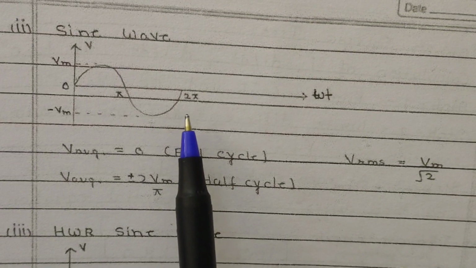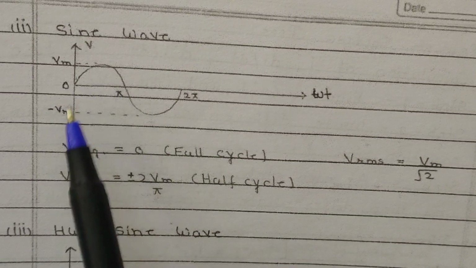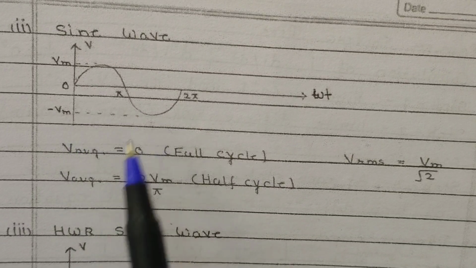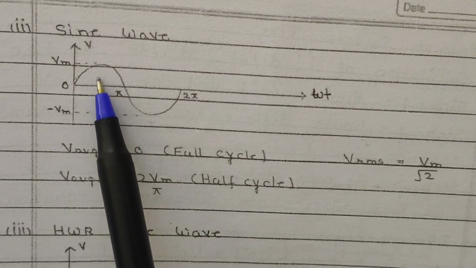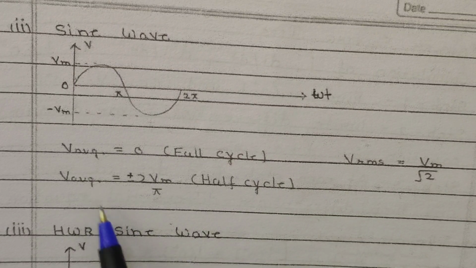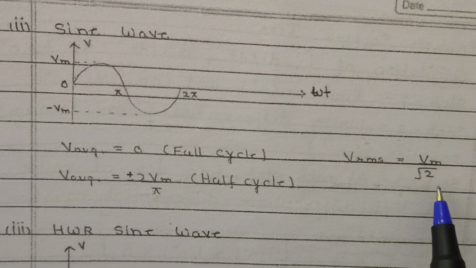This is the basic sine wave which we will use in electrical engineering. Here in the sine wave, the positive has a positive maximum value Vm, and the negative has a negative maximum value Vm. For the sine wave, the average value is 0 for the full cycle, the average value for a half cycle is 2 Vm by pi, and the RMS value is Vm by root 2.